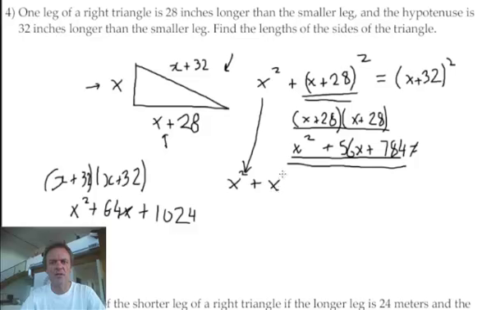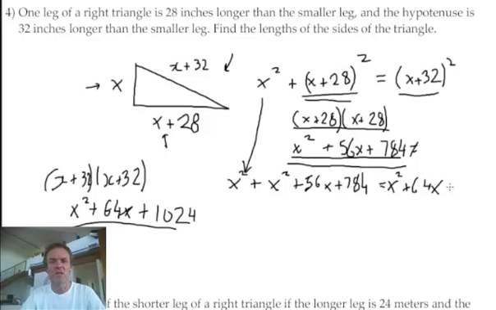So x squared plus 56x plus 784 equals all of this squared, so x squared plus 64x plus 1024. Now remember, you need to get everything onto one side and put it equal to 0.